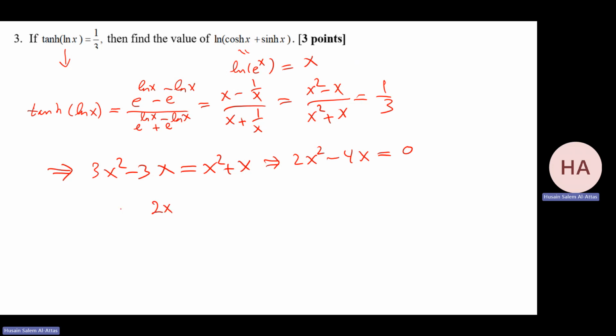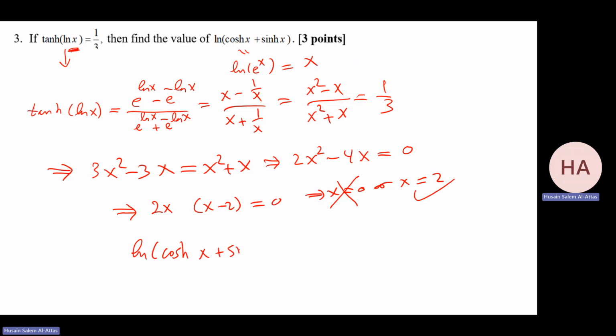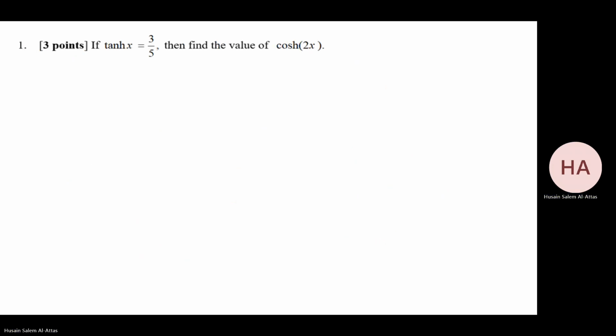So x equal 2 or x equal minus 2. I'll reject the negative. Why? Because the ln cannot be defined. So the answer is x equal 2. So ln of cosine hyperbolic x plus sine hyperbolic x will be ln e to the power x, which is 2. So the answer is 2.